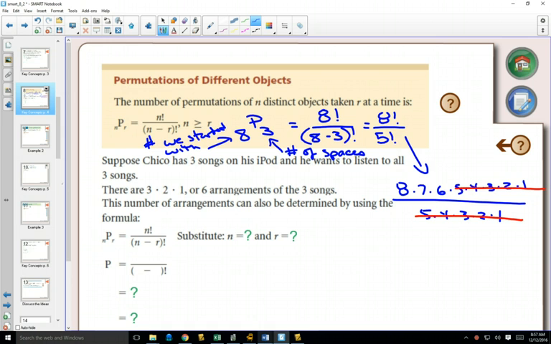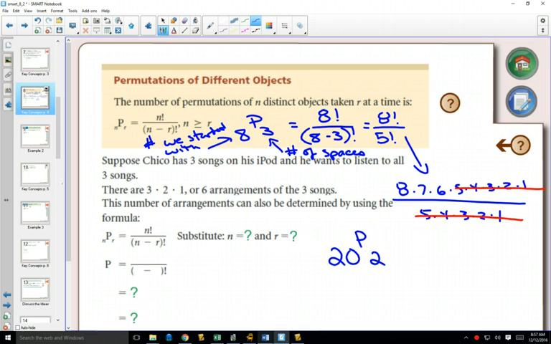Now, if I got you to do this, well, according to the formula, that would be 18 spaces. Oh no, let's do something smaller. Let's do 20P2. That would be 2 spaces, starting with 20 and going 20 times 19.